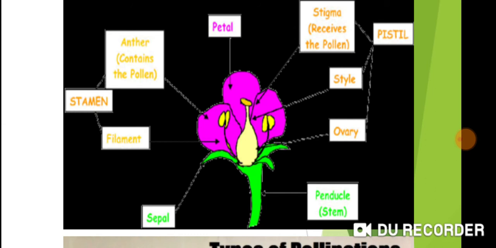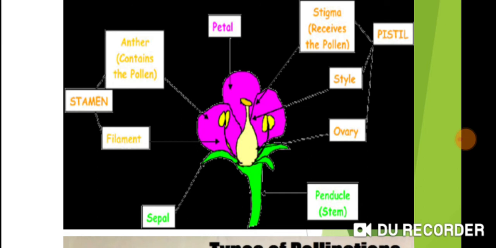When pollen grains fall on the stigma, this process is known as pollination. We can also see the pink colored petals, the small green leaves at the bottom, the sepals, and the stalk or stem known as the pedicel of a flower. So here we discussed the process of pollination.